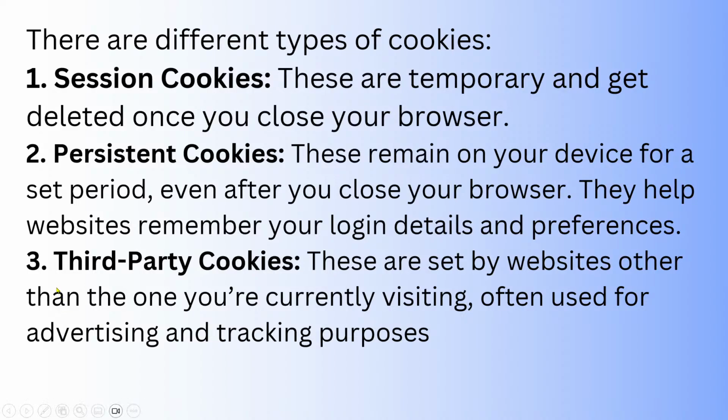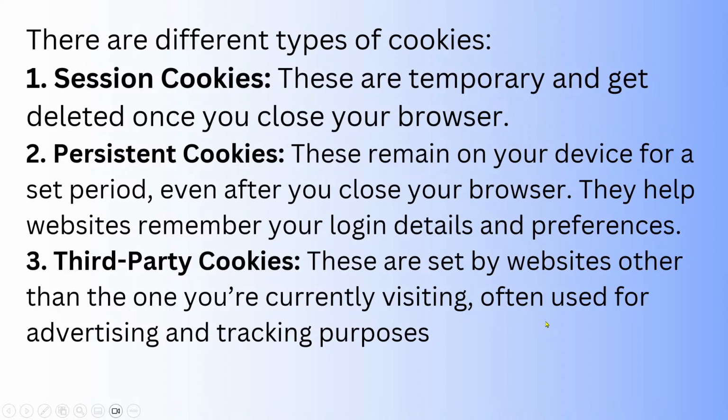And the next type of cookies, third party cookies. These are set by websites other than the one you are currently visiting. Often used for advertising and tracking purposes. So, are you getting it? Third party means what?